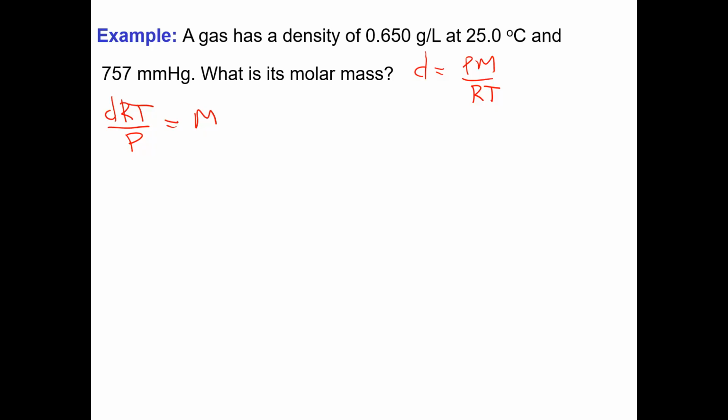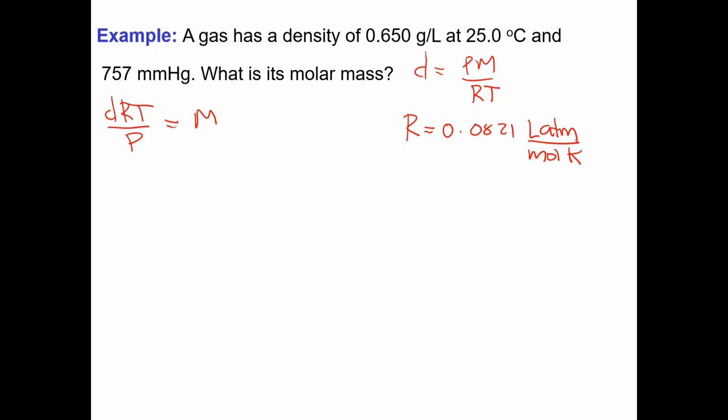So I always like to look at the units of R to remind myself of what I need for the units for everything else. So R has a value of 0.0821 with units liters atmosphere per mole per degree Kelvin.